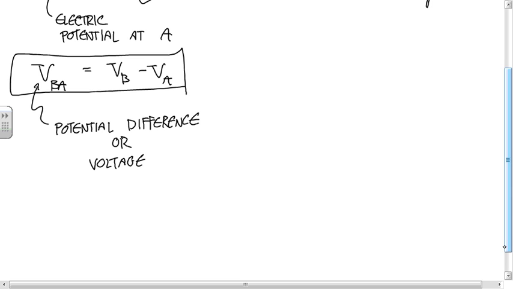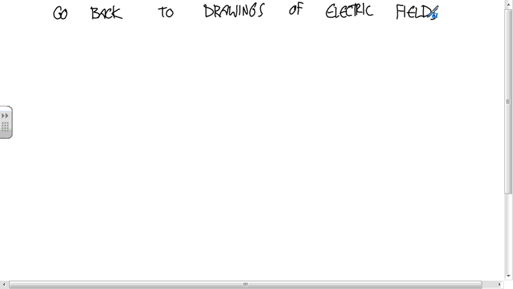Okay, so now let's think back to electric fields for a second. First, think about a fixed point charge.